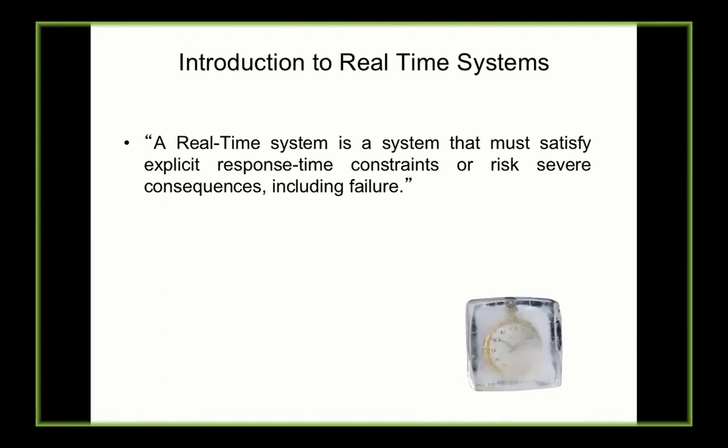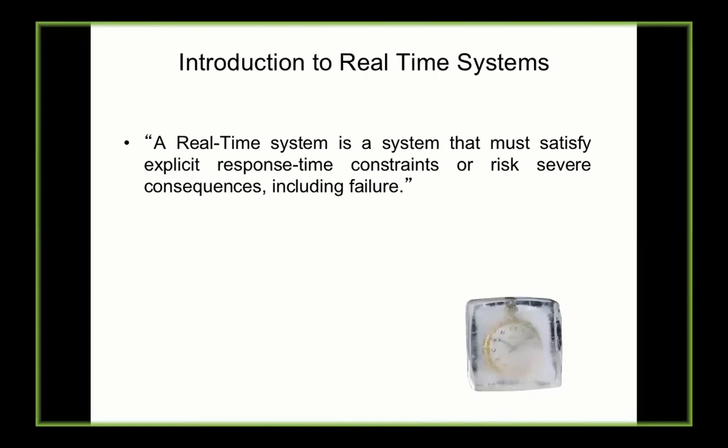You can see here I have placed a timepiece which is frozen inside. The idea of this is something unique. Irrespective of the extreme conditions of the environment, the timepiece will work exactly as it used to work in a normal condition.